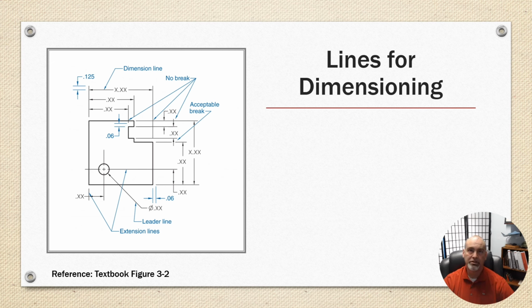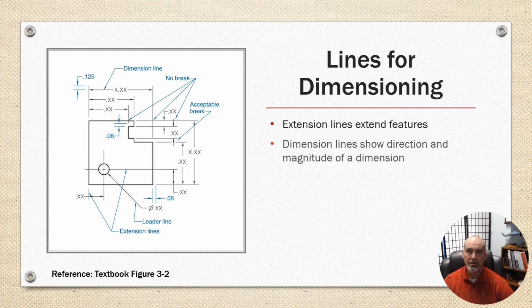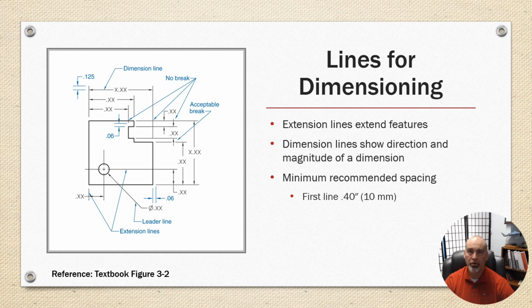Lines for dimensioning. Extension lines extend features. Dimension lines show the direction and magnitude of a dimension. The minimum recommended spacing between dimension lines is that the first should be 0.4 inches or 400 thousandths, or if you're in metric, 10 millimeters away from the edges of the part.